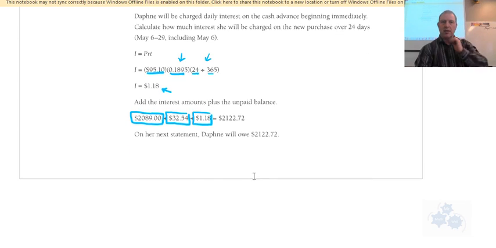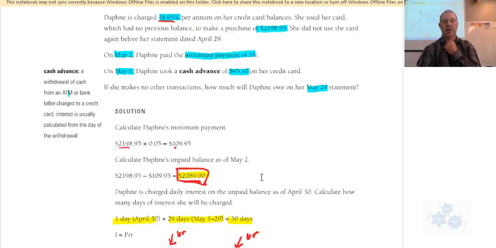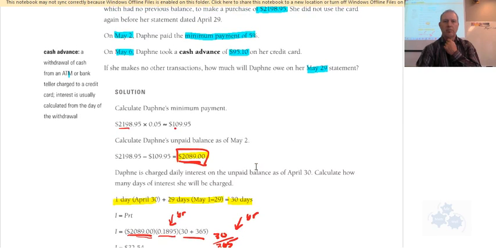Interest plus the unpaid balance on her next statement, Daphne will owe. I don't see the cash advance in here. Like her paying that back. Am I missing that or what? That's not the $1.18. That's the interest on the cash advance. Oh, okay. Right? So cash advance on her credit card.